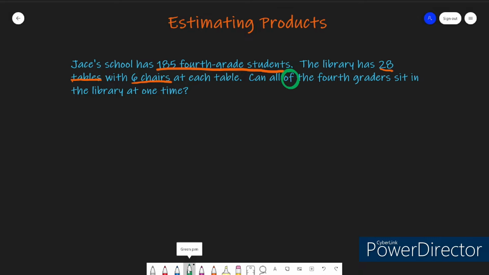The word of in math means to multiply. So if you see the word of, then you can automatically assume that it's going to be a multiplication problem. So the question is ultimately asking us, can all of the fourth graders sit in the library at one time?